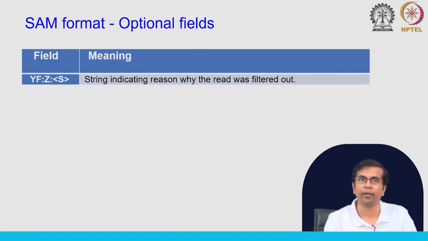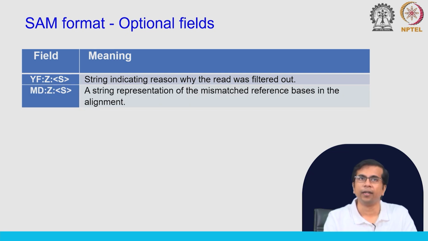Then you have something called YF:Z. This is if there is some sort of filtering, it might indicate why a read was filtered out. You may not see this if the read is present. Then you have something called MD:Z. I should comment on this Z. Whenever you see Z in the second type field, it means there will be a string in the value.